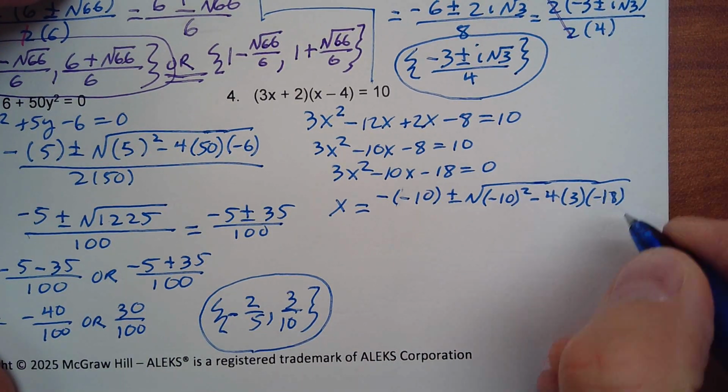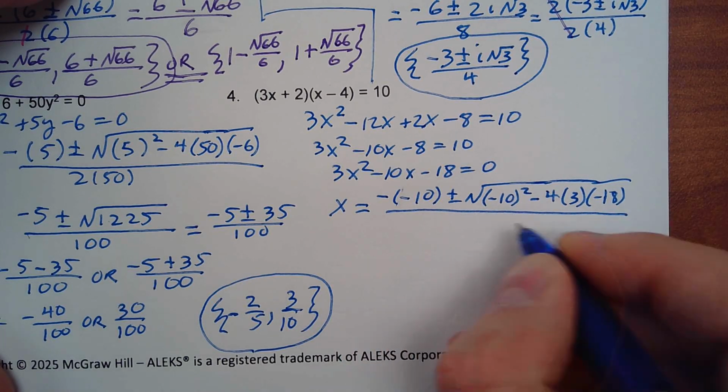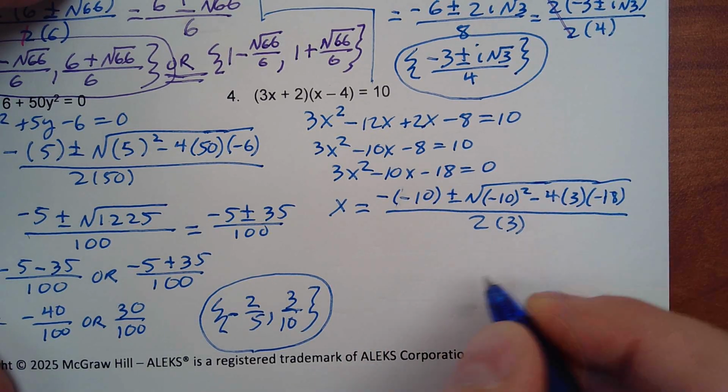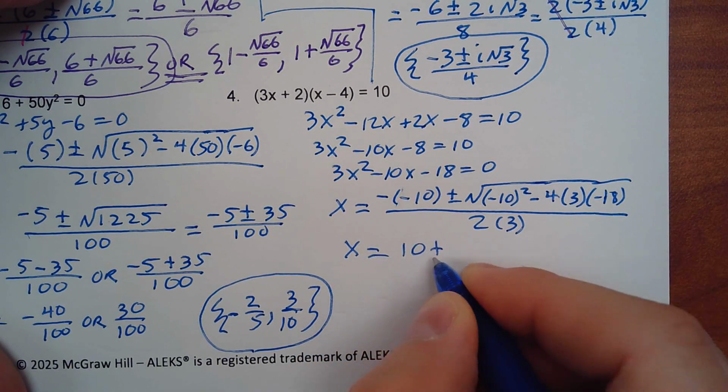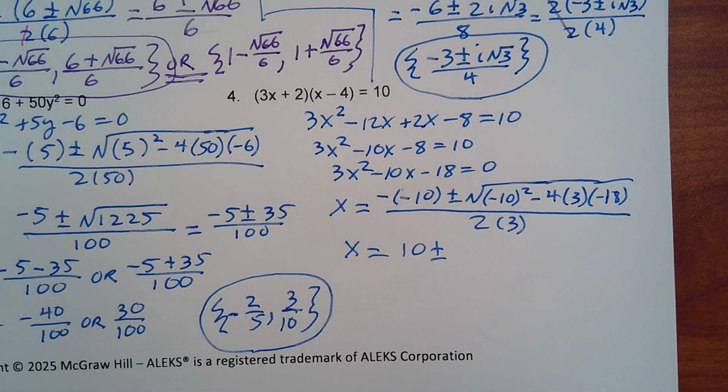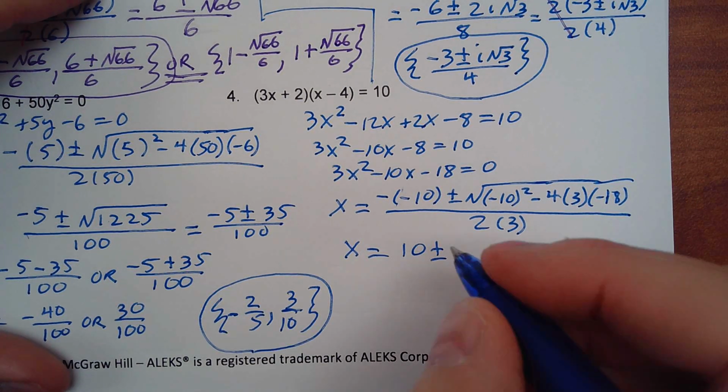It's getting kind of a long one. So that's 10. And we've got to work out what's underneath the square root. And I'll let you do that on the calculator. That should give you 316.